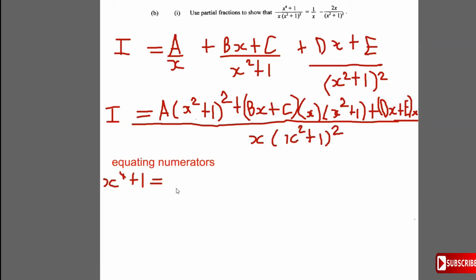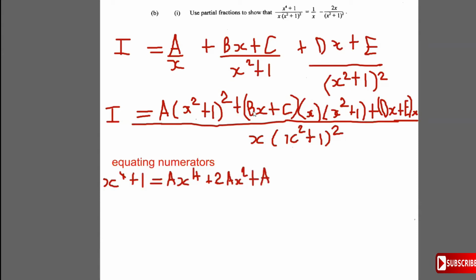Expanding this, I would get ax to the 4 plus 2ax squared plus a. That's what I get when I expand that side.